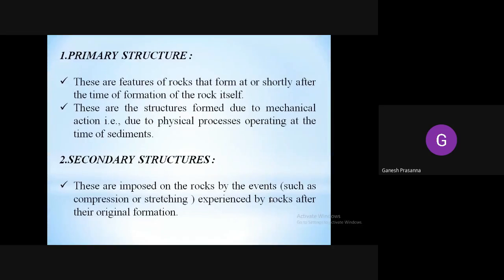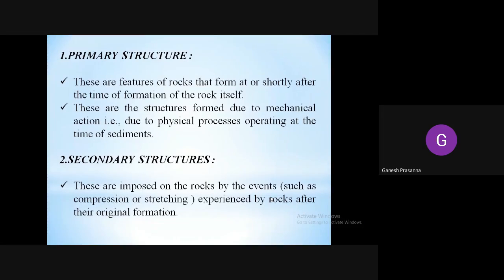These structures result from mechanical action or the physical processes which operate at the time of deposition of the sediments. Coming to the secondary structures, those are imposed on the rocks after the formation of the rocks.